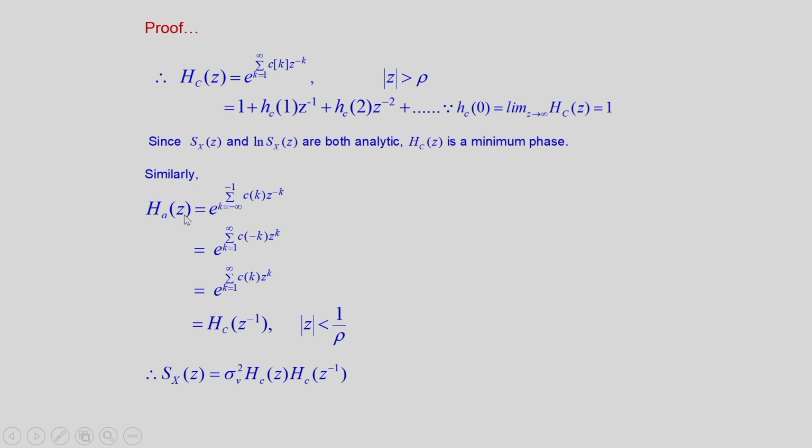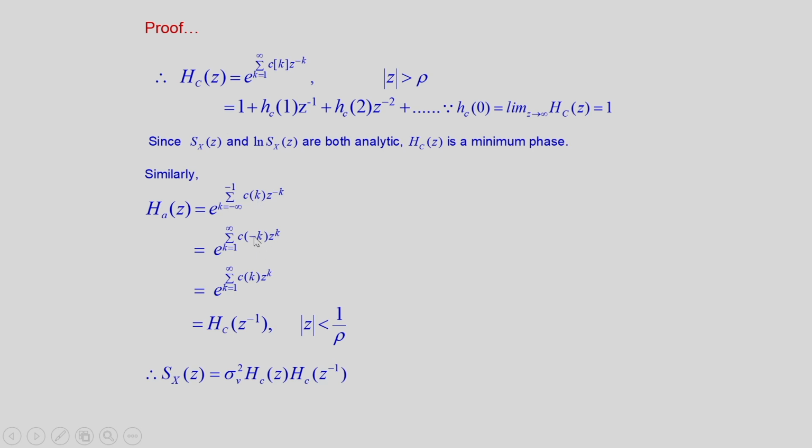Similarly, the anti-causal part will be, because it is a negative exponent and k goes from minus infinity to minus 1, an anti-causal sequence. Therefore, H of z will be given by this. Now, we know that C of k is equal to C of minus k.